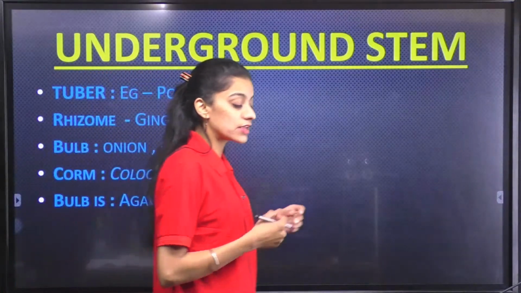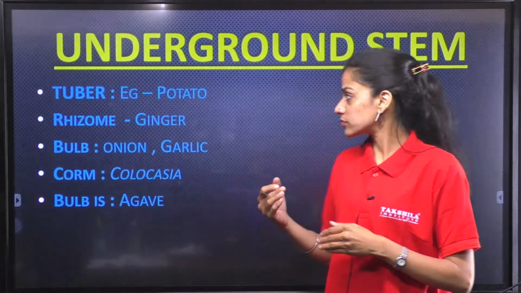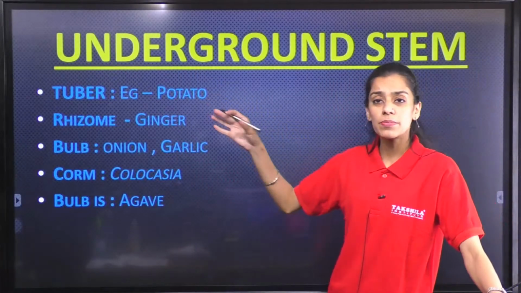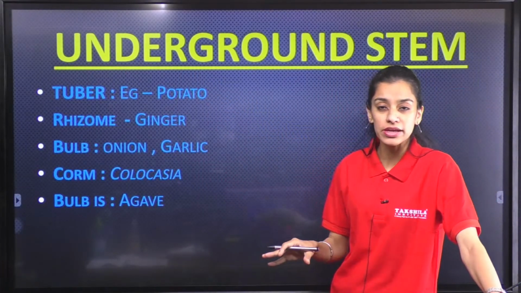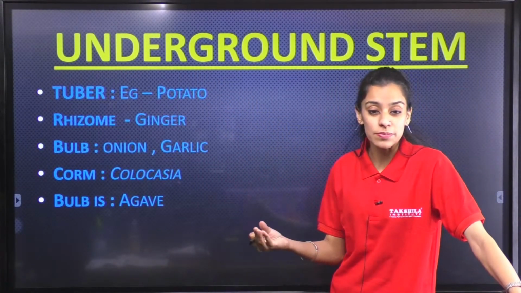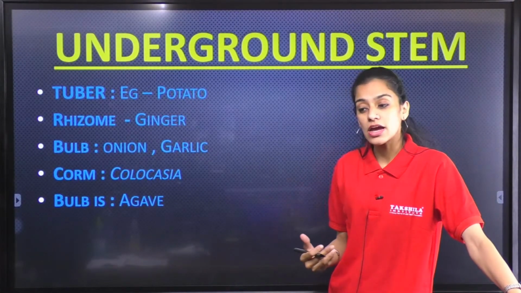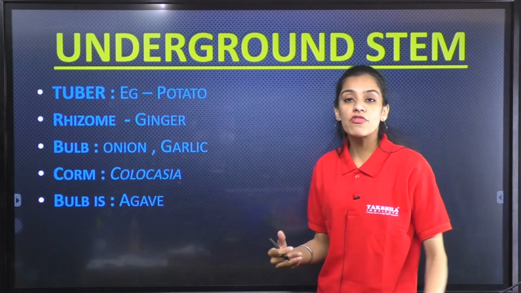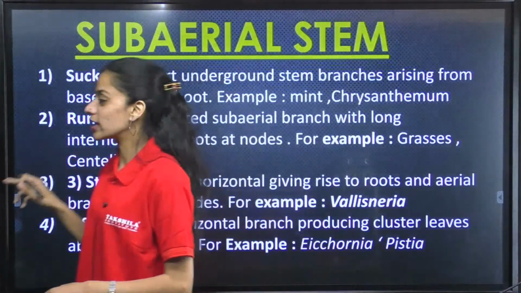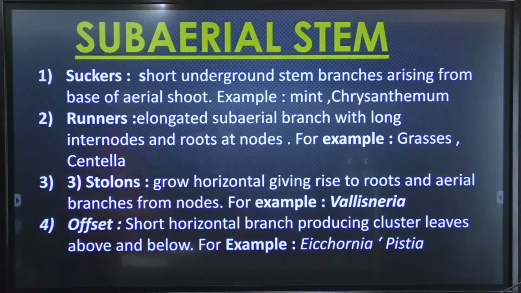So इसमें क्या होता है कि usually if we take a part of it, even a part of a stem, and then start to germinate it, it'll be forming a complete new organism. Next is subaerial stem.